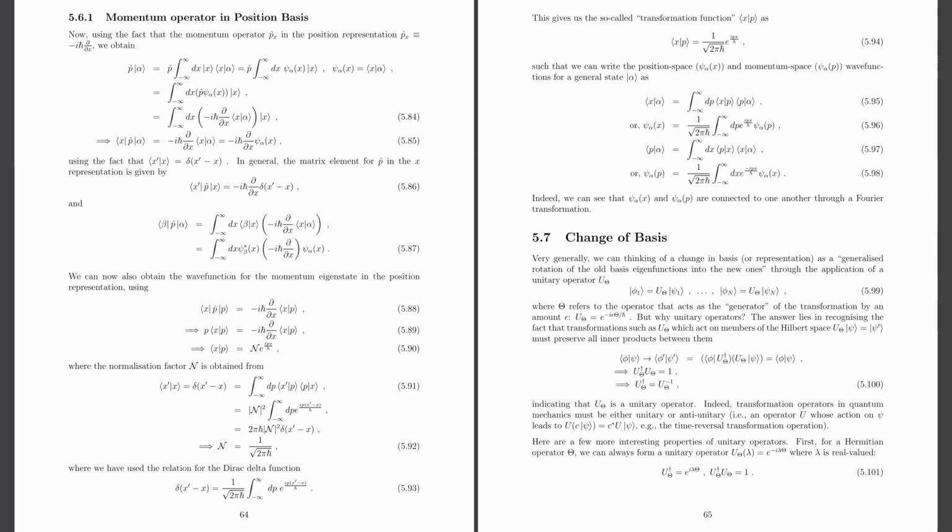Well, you know that the overlap between x prime and x is a delta function. Okay. So take that, and within that inner product, put in a complete set of states of the momentum basis. That's this guy. Put that in the middle. That's an identity operator. You can do that.